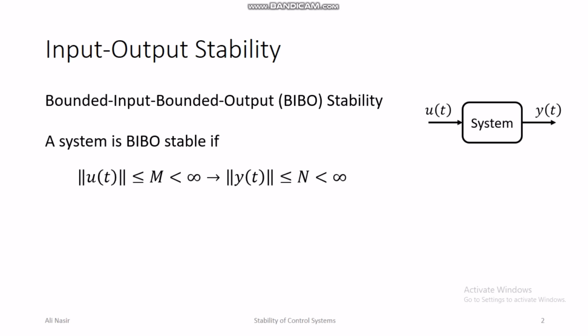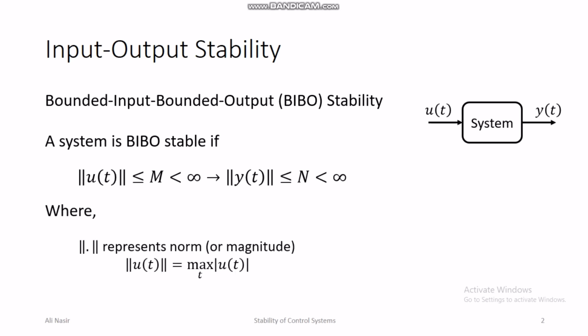This is a mathematical way of saying that a bounded input should always imply a bounded output. The value of the bound could be large or small, it does not matter, as long as it is finite.